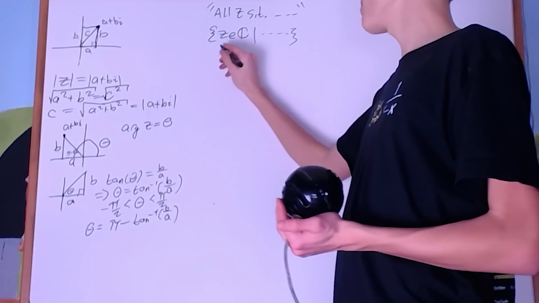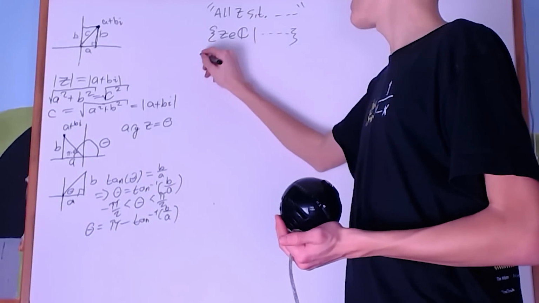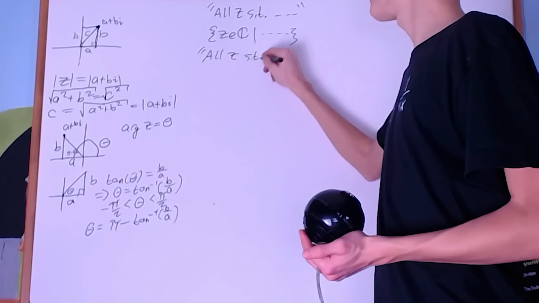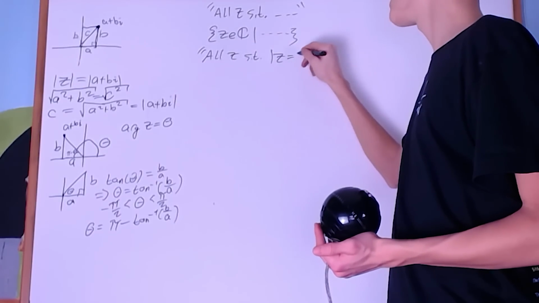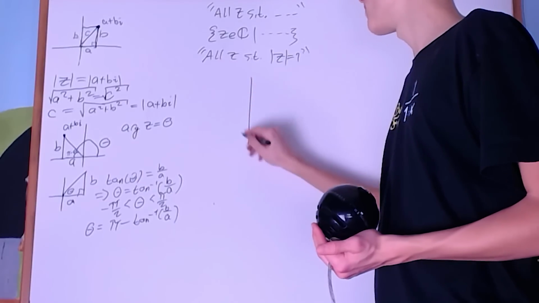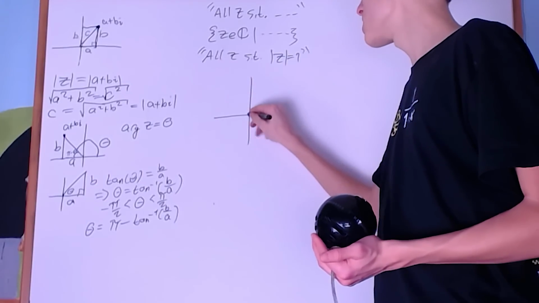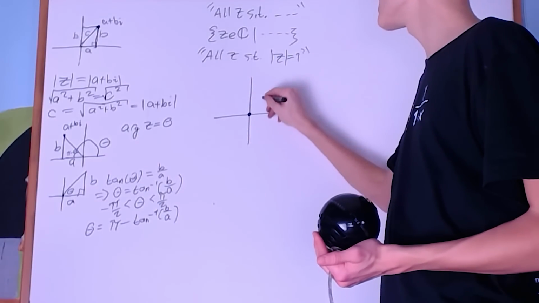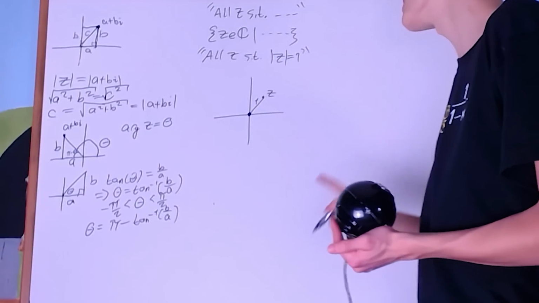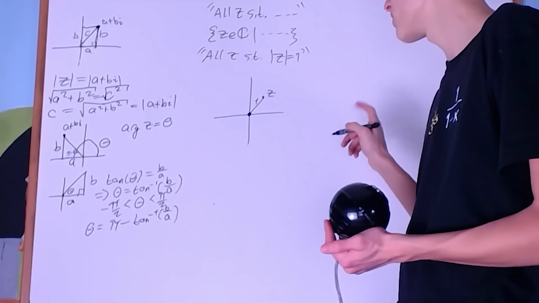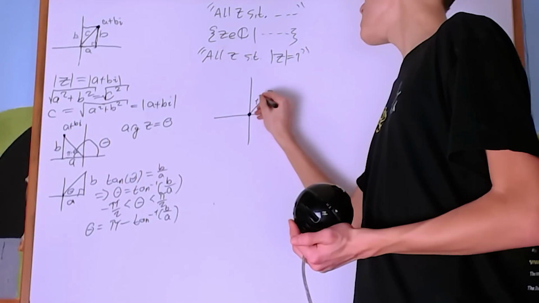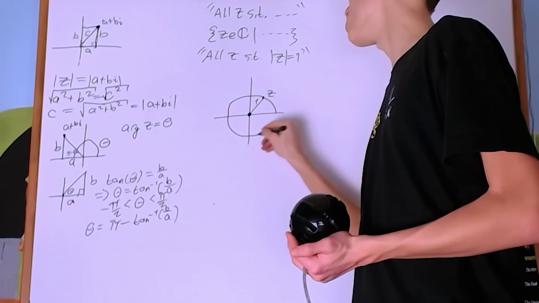So let's do an example. Let's say we have all z such that the magnitude of z is equal to 1. Now what would this look like? We have the origin, and the distance between z and the origin is 1 for every single point in this locus, which is obviously going to be a circle.